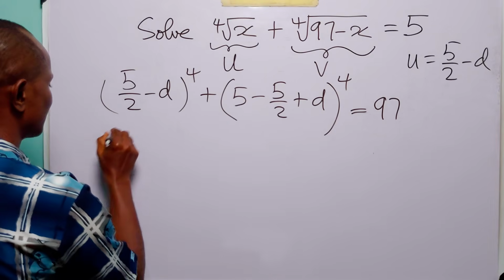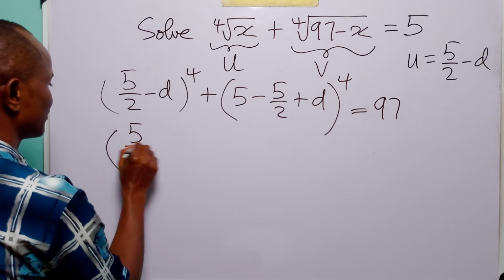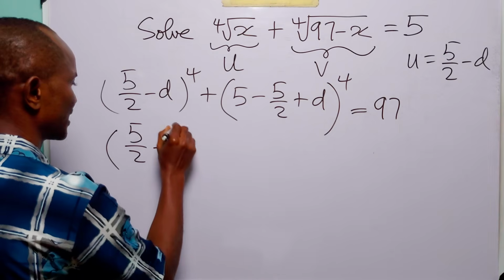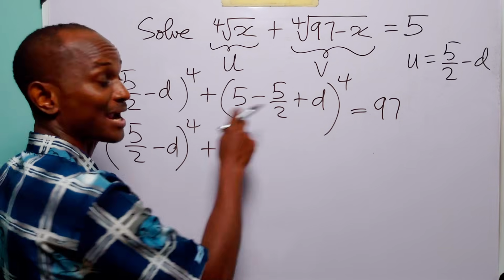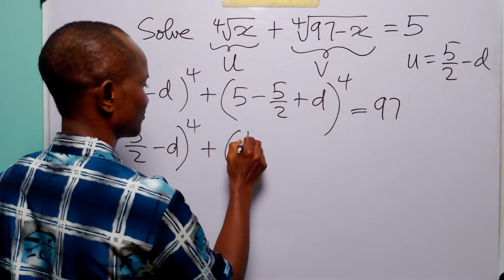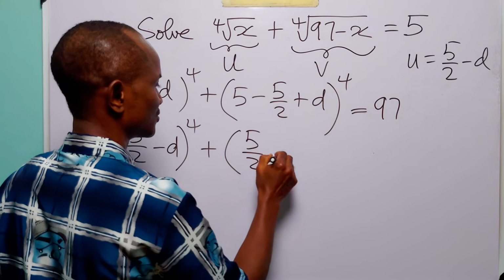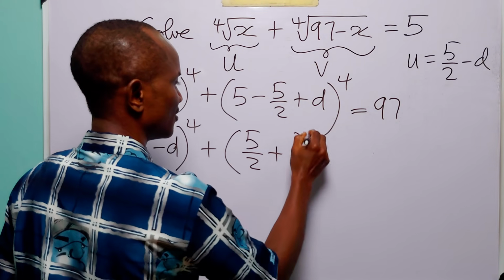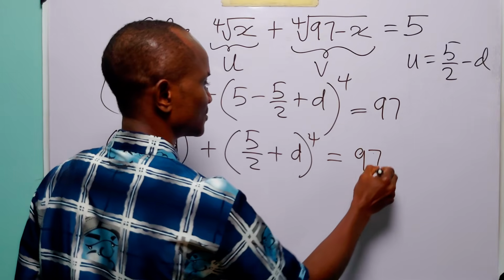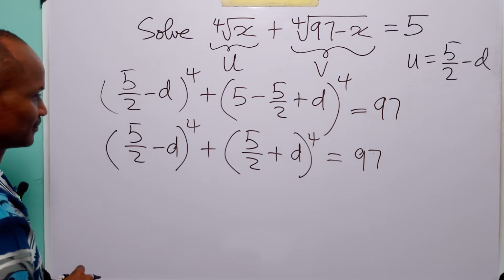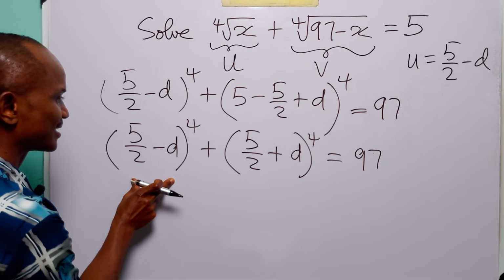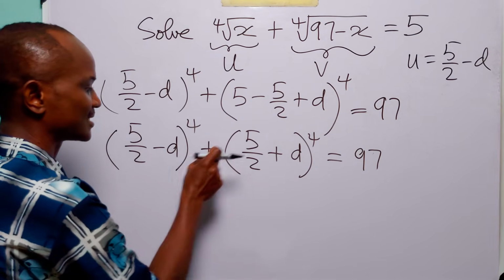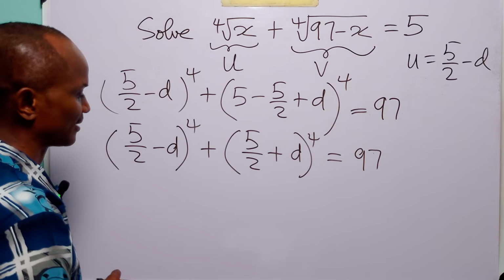Of course, from here we have that 5 over 2 minus d raised to power 4 plus 5 minus 5 over 2, which is 5 over 2 plus d raised to power 4, is equal to 97. Now, the next thing we are going to do is expand this, and then we add both of them together.